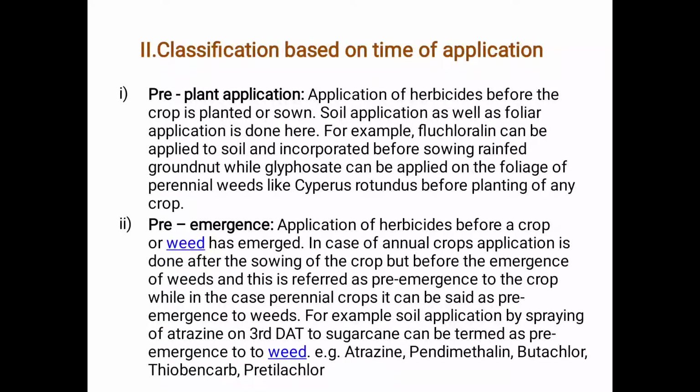It means the application of herbicide before sowing or along with sowing is called pre-plant application. When the herbicide is also required to be incorporated in the soil soon after its application, the treatment is termed as pre-plant soil incorporation, or PPI.